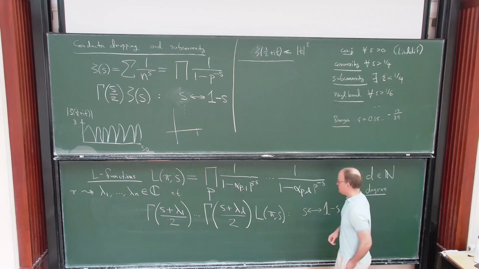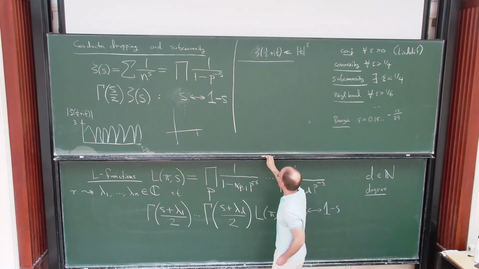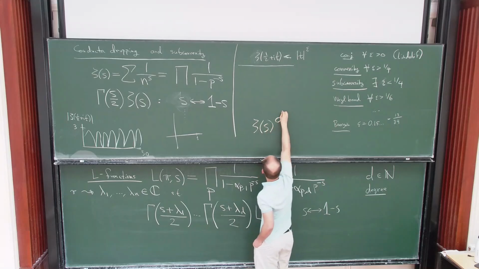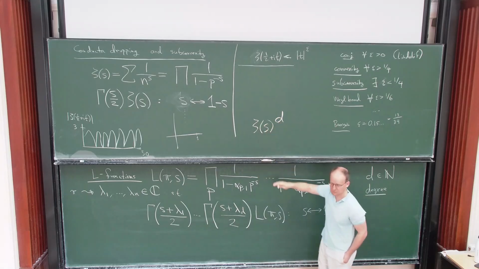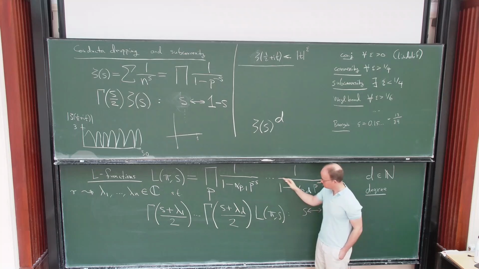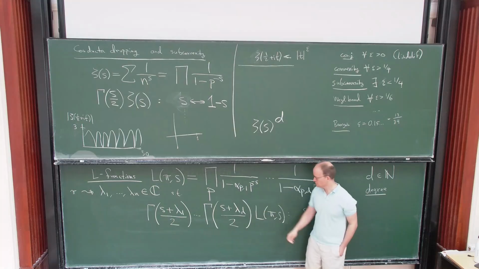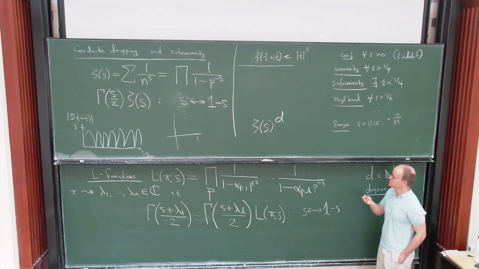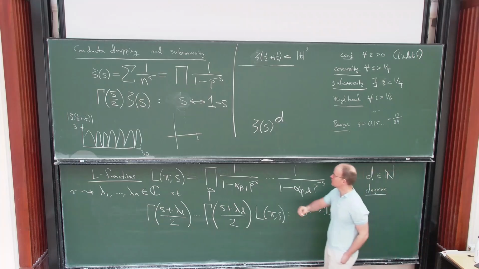So a good example of such an object would be if you take, for instance, the zeta function to the dth power, then you see that you get an object of this shape where all of the alphas are identically 1, and all of the lambdas are identically 0. So that's a simple example.